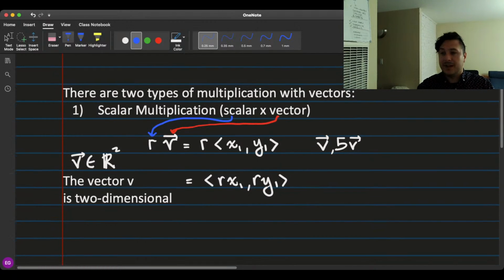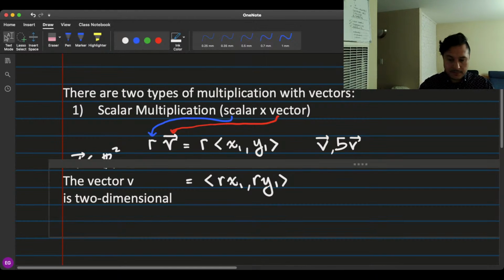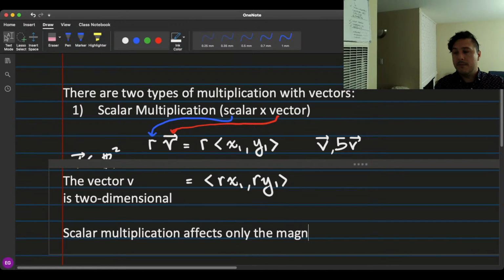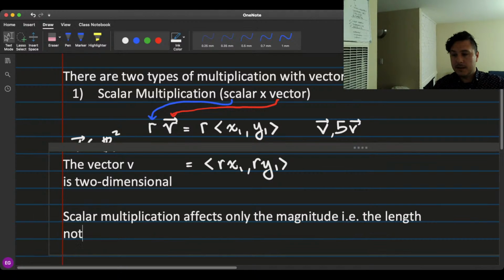It does not affect the direction. So scalar multiplication affects only the magnitude, i.e. the length, not the direction.